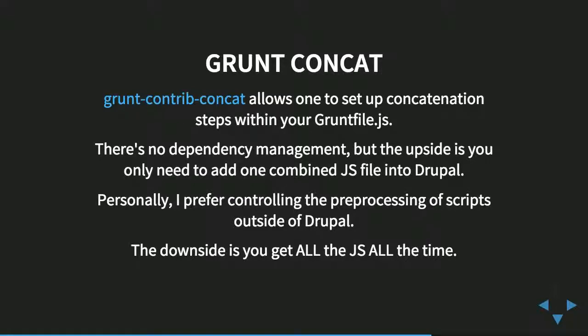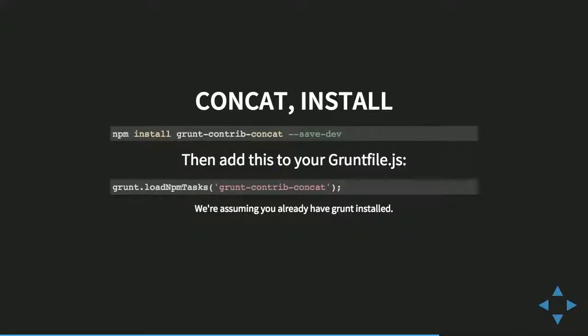But the downside is you get all the JavaScript in one big file. So if you have a certain section of your site that doesn't use all of your JavaScript, and you only want it to load certain JavaScript, this is one of the disadvantages, but we'll get to solving that later. So here are some steps on installing concat.